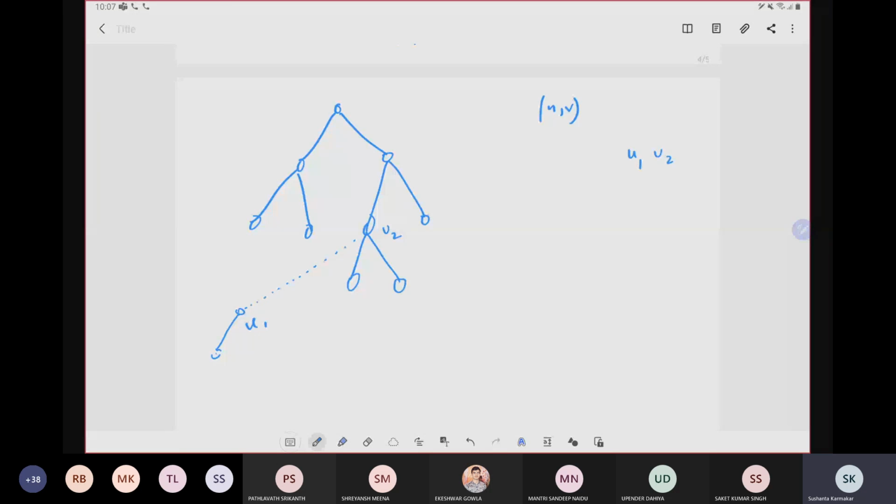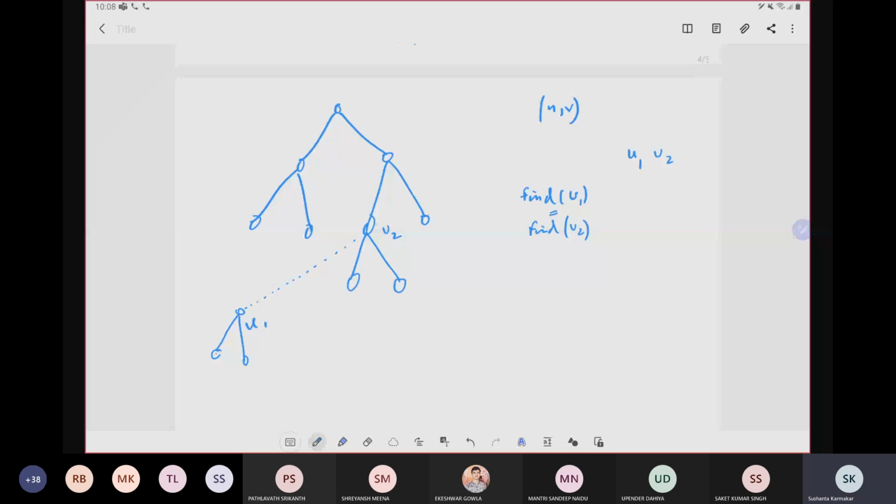We take the edge and we check find U1 and find U2, and then we check whether they're equal or not. Find U1 will check in its own component, which is maybe around here.